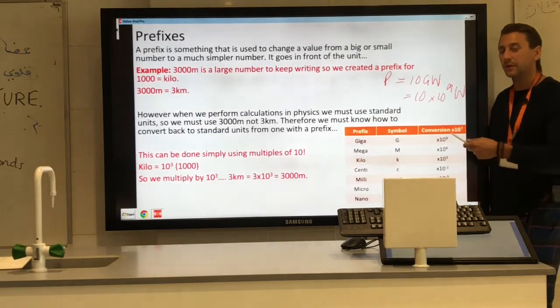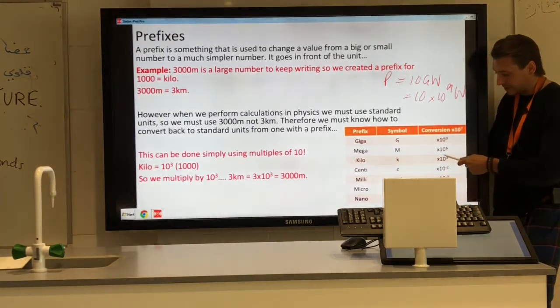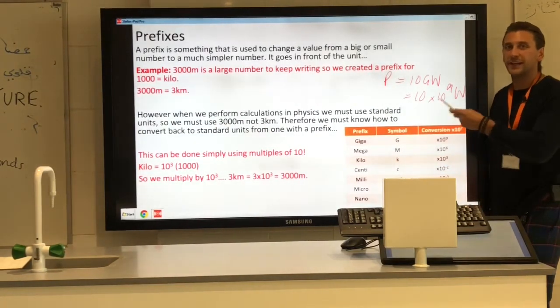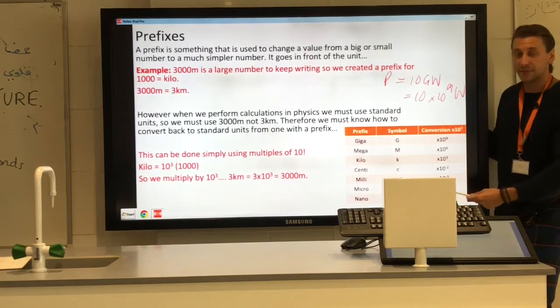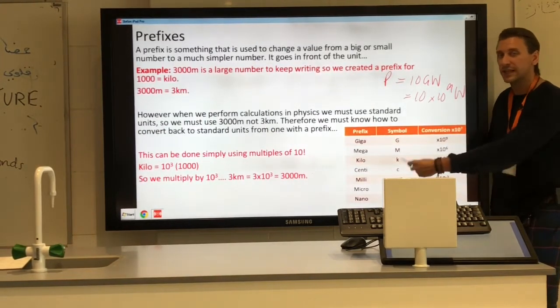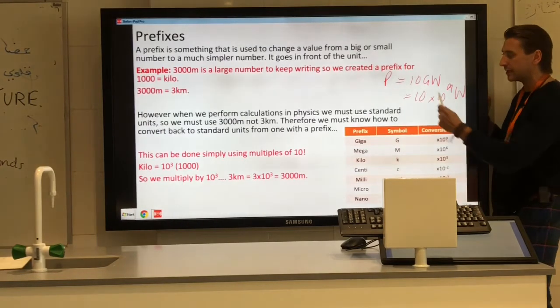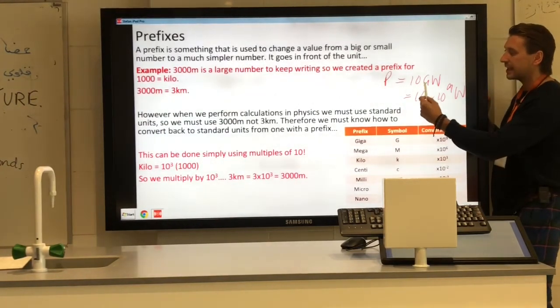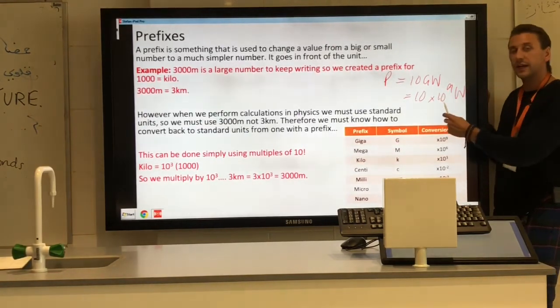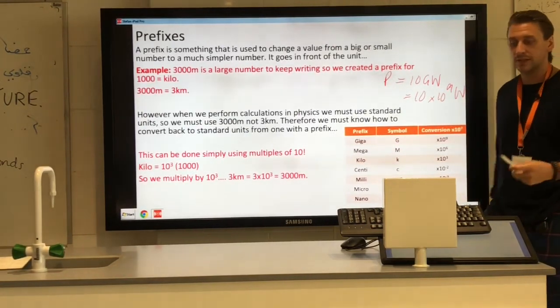Really easy to remember that they go 9, 6, 3, minus 3, minus 6, minus 9. The only one that doesn't fit that is the centi. All right, so if you remember them in threes but just the centi is minus 2, then you shouldn't make a mistake. So you have to recognize it in the exam. GW is gigawatts. Giga is 10 to the power of 9. Now I've converted, I won't lose that mark.